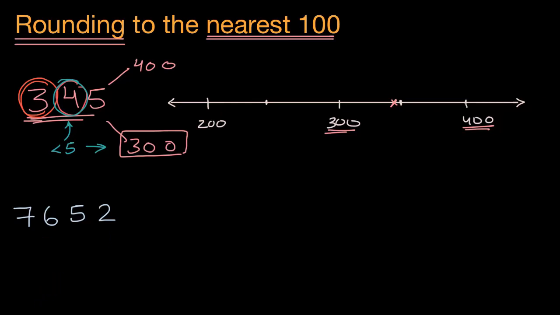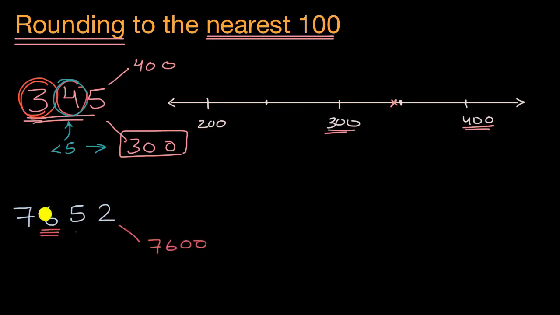Now we're thinking about the hundreds place. So right over there, you could view this as 7,000 and 600, or you could even view this as 76 hundreds. So what are the closest hundreds to this number? Either way, the hundreds that are right below this is 7,600.